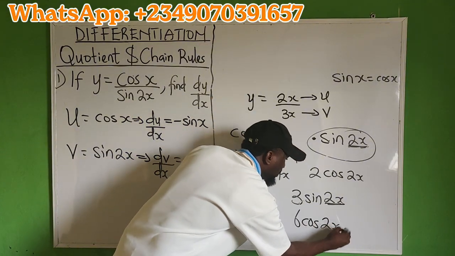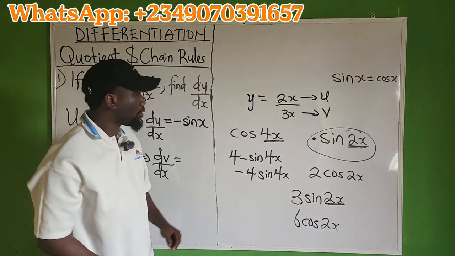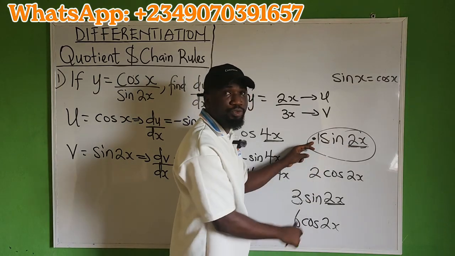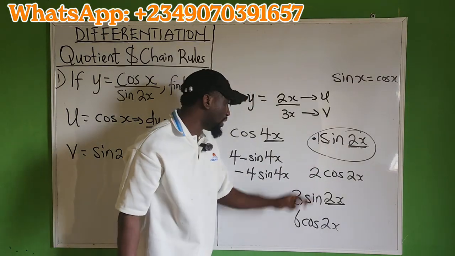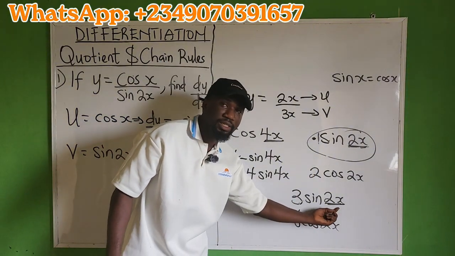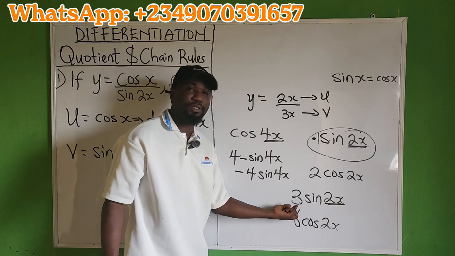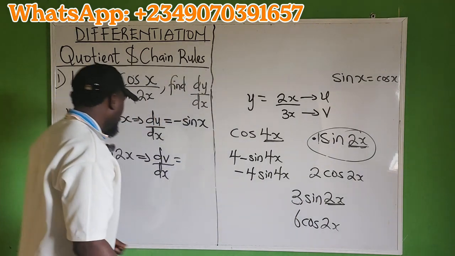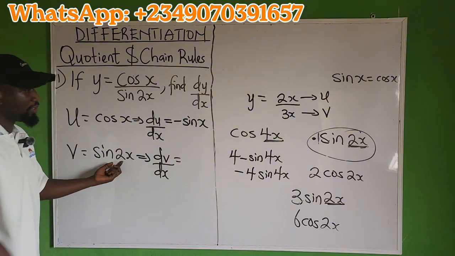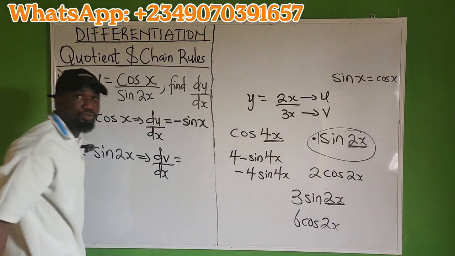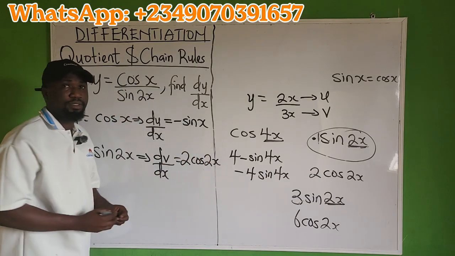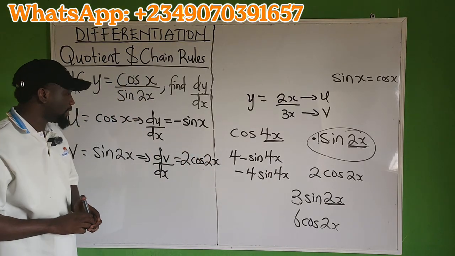You have 2x. Is that taken? It's like we're saying that what you have here is 1. So differentiate 2x, that is 2, 2 times 1 gives us 2. So whenever you have a number here, differentiate this, then whatever you have here, multiply by 3. Is that taken? Alright. So for this, dv over dx for sine 2x is going to give us 2 cos 2x. Do you get it? Alright.